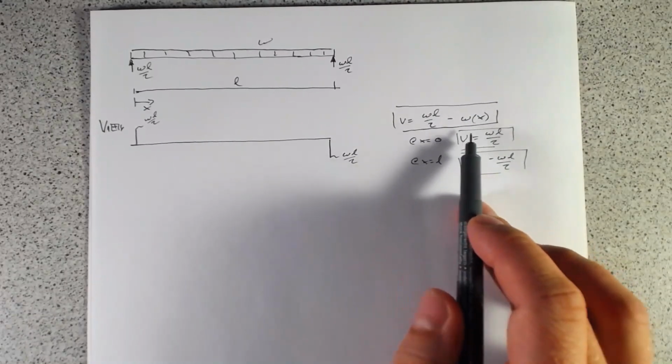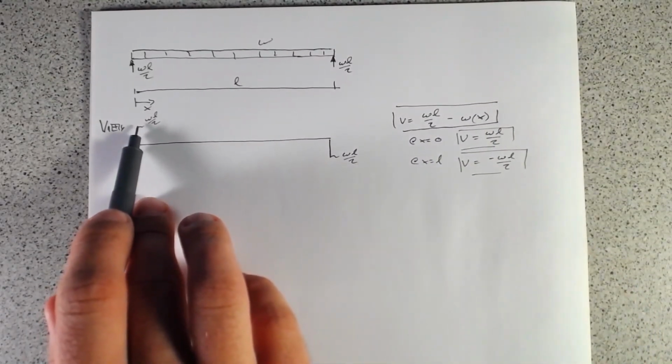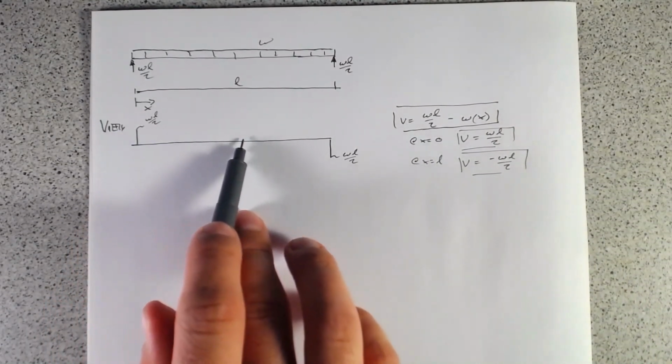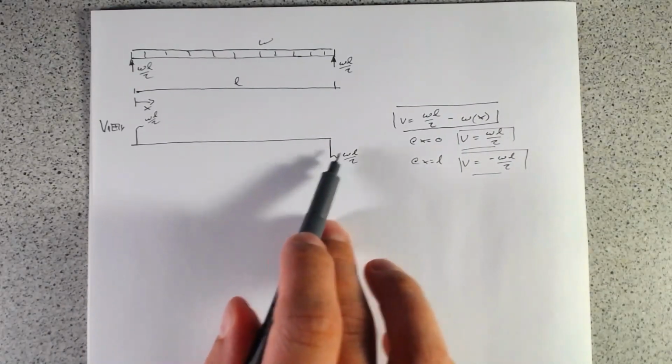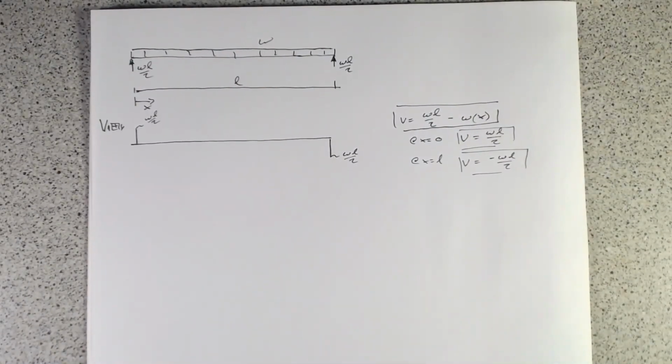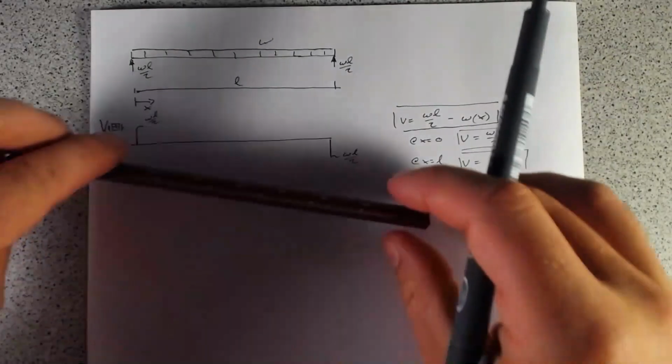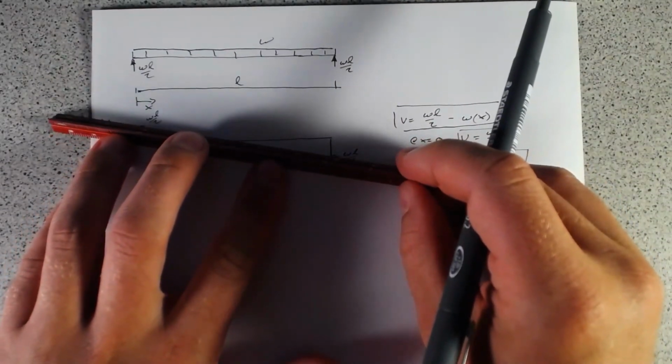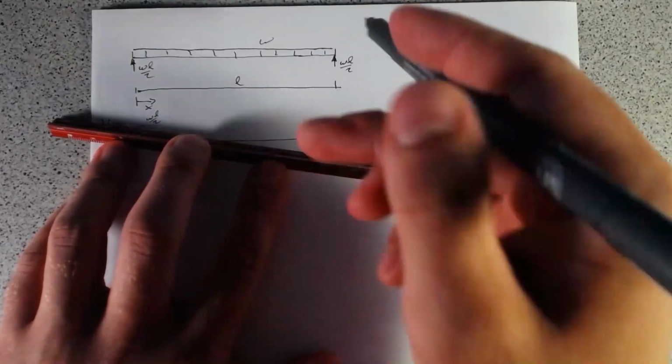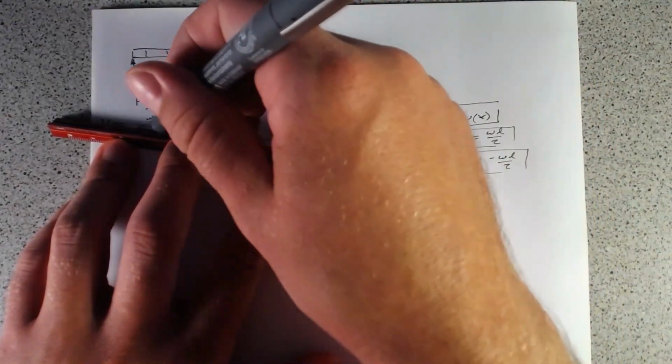This is just the slope of the line. So as X progresses, it will slowly deteriorate at a constant rate of W times X. So if this is a straight line, we're going to start here and end there, so we can just go ahead and connect the two locations.